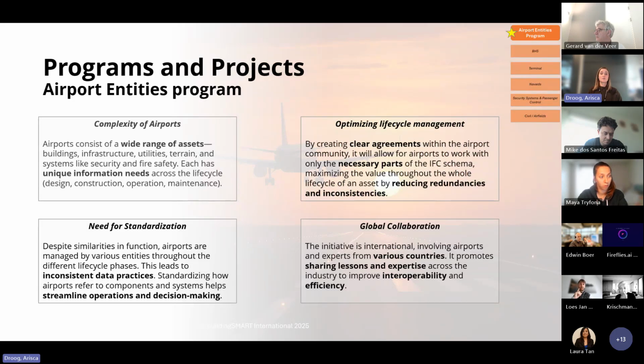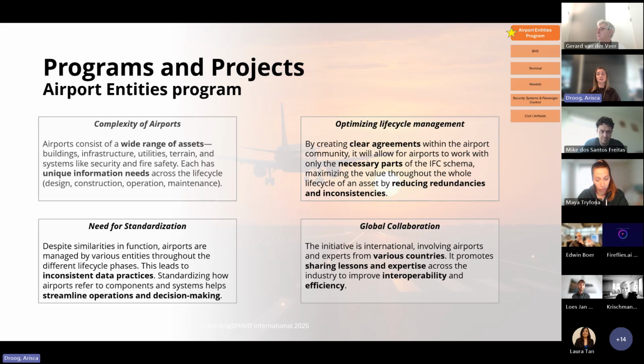By creating clear agreements within the airport community, focusing on only those airport objects that are currently missing from the IFC schema, we hope to eventually create more value throughout the asset life cycle by reducing redundancies and inconsistencies, as maybe you are also experiencing.